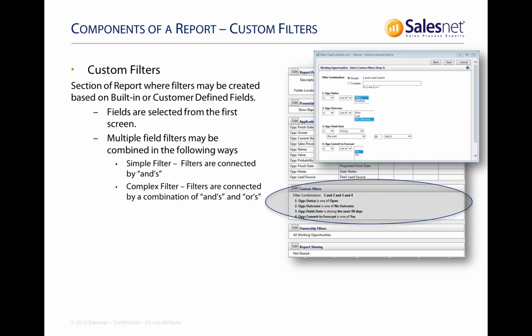And where the reports takes this to the next level is that it allows you to do complex filtering. So we're not just locked into and filtering. Okay, we can make and or. So I want opportunities where the finish date is this quarter or next quarter. Okay, where the finish date is this year or next year.